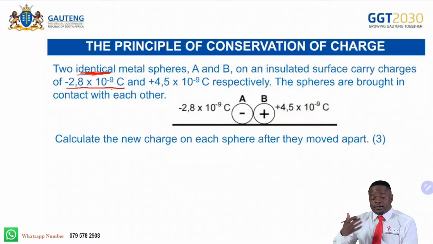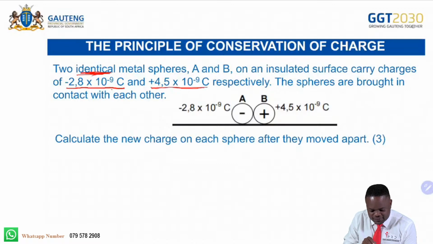I hope you still remember that the SI unit of charge is the coulomb. And plus 4,5 times 10 to the power negative 9 coulombs, respectively, as we can see there in the diagram. Calculate the new charge on each sphere after they moved apart.